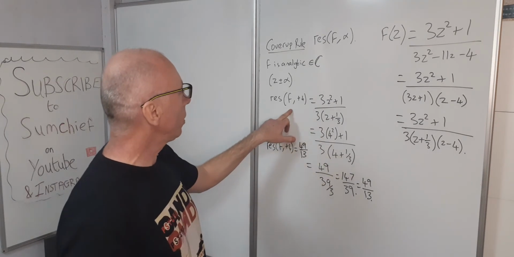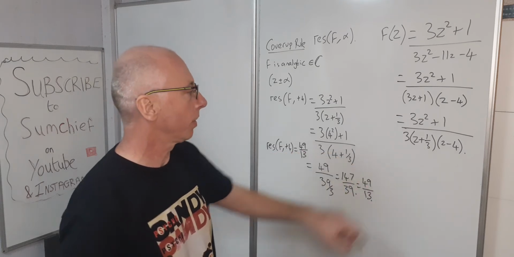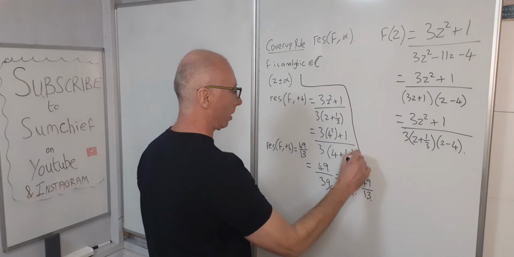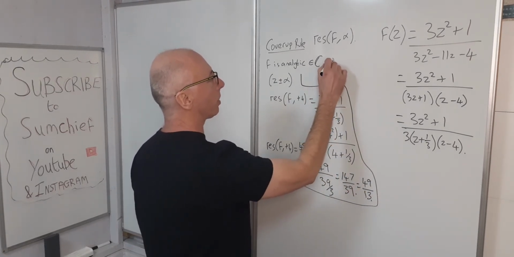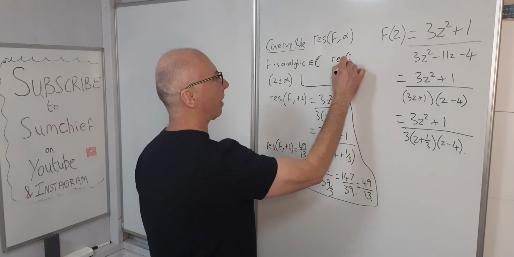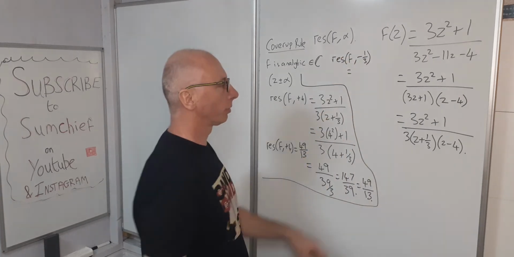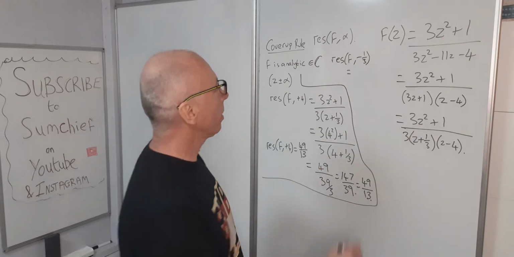So now we need to find the residue of f for the other one. So this time z equals minus a third. Let's just box this off here. So the residue of f at minus a third equals, plug in minus a third for all these.